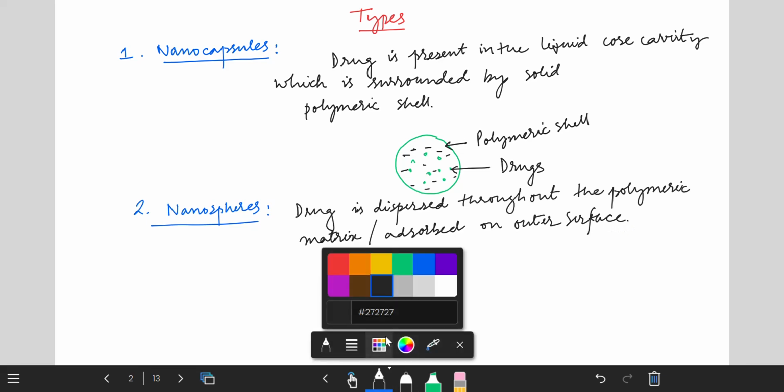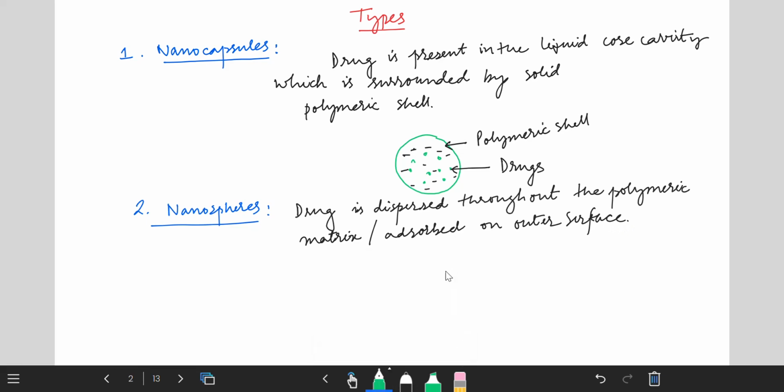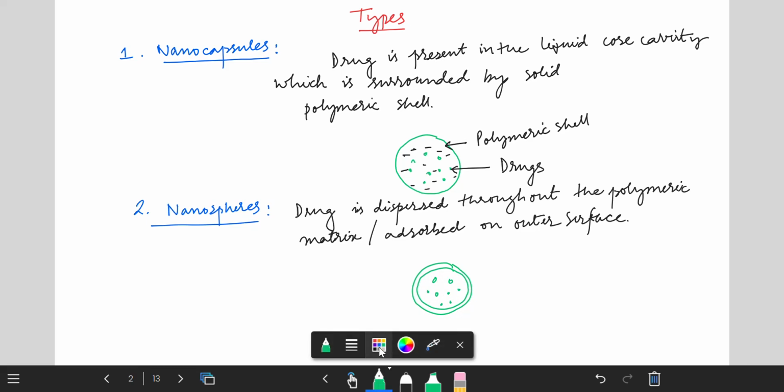Now we will understand it through a diagram. So this is a polymeric membrane.